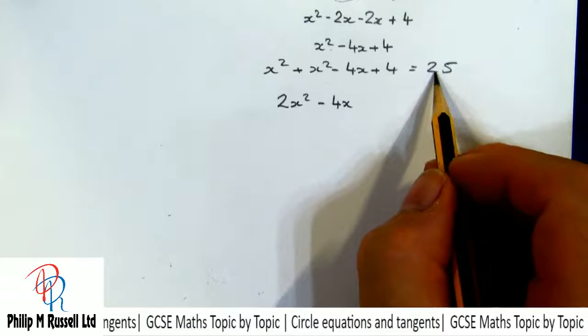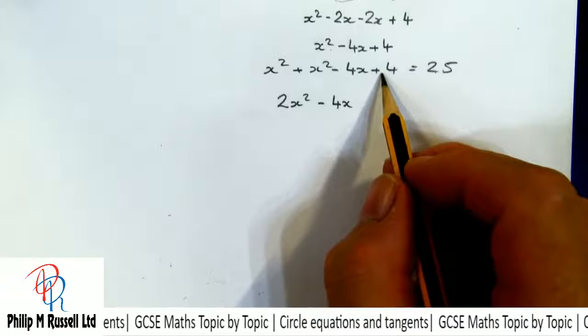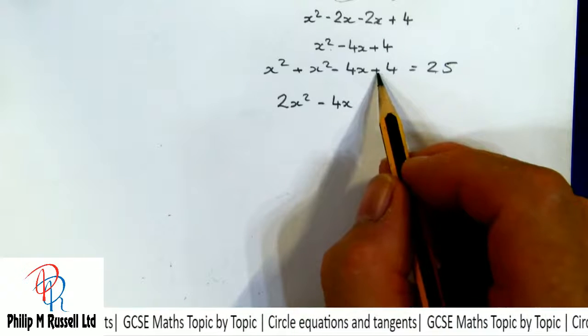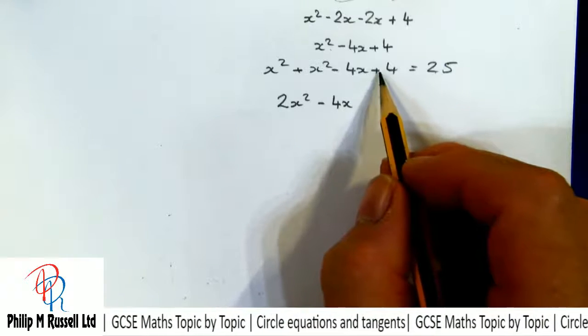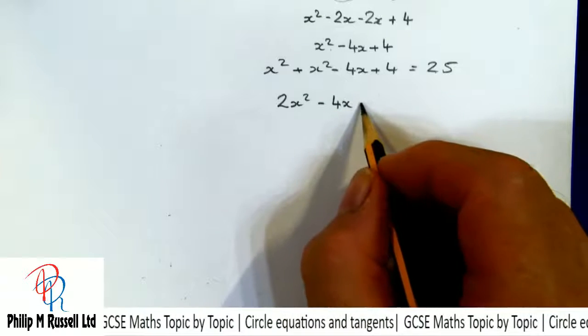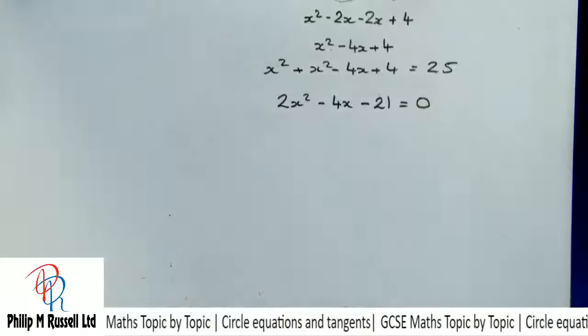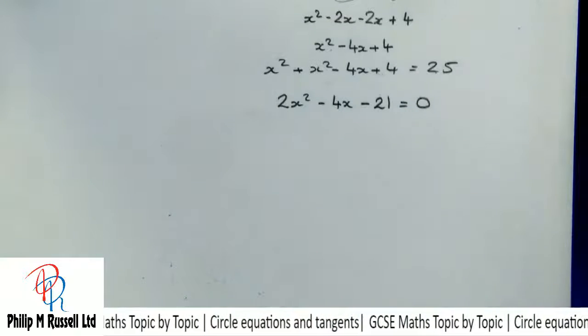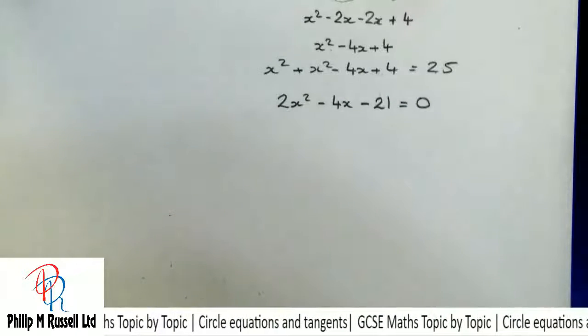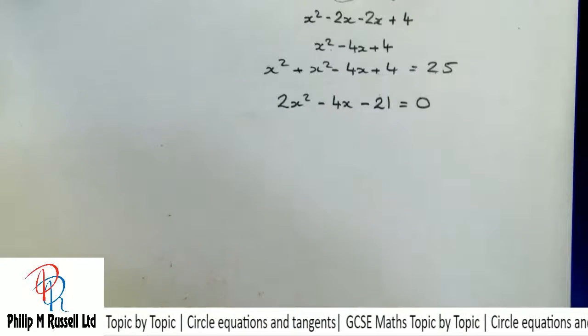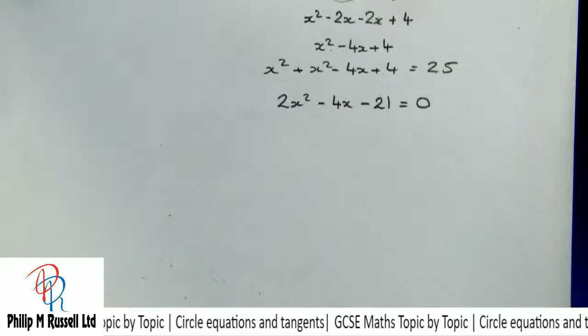I'm going to bring the 25 over to this side. It becomes minus 25, and minus 25 plus 4 gives me minus 21 equals 0. So what we need to do now is see if we can work out the answer to this.